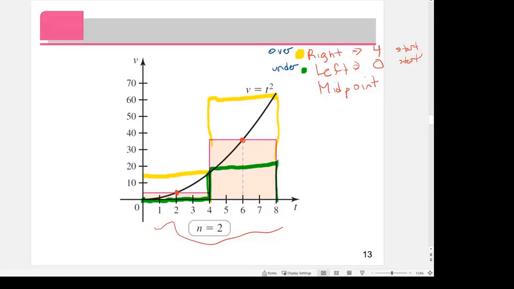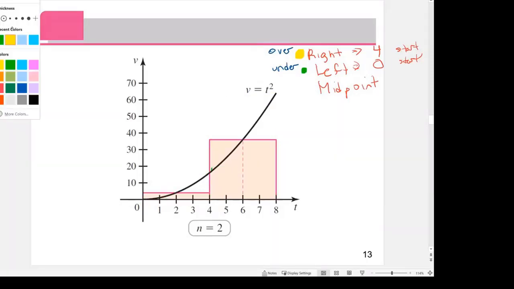The midpoint is actually one of the better estimates, because this much right here is all over on top of the curve, but we're missing this much, right? So no, they're not exact, but it's a little better. We can kind of say they fill it in.